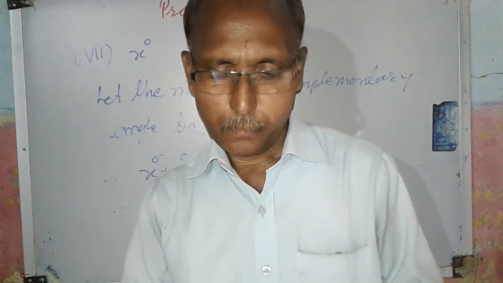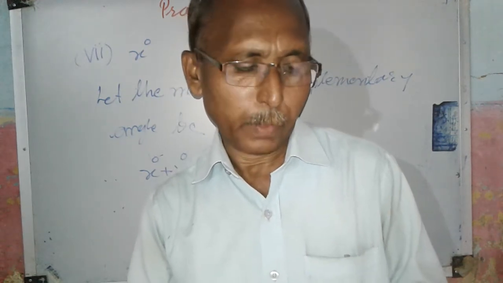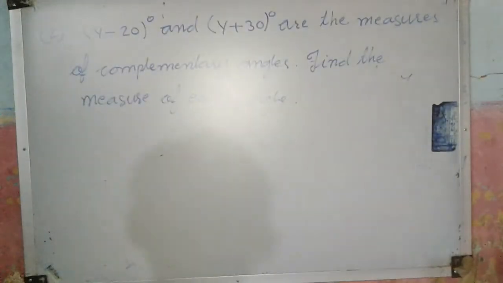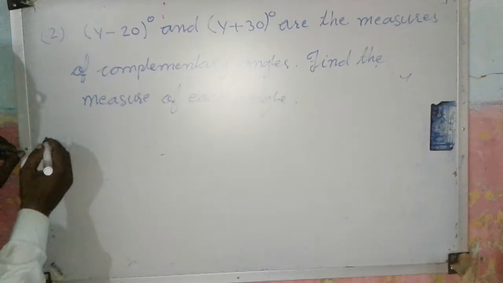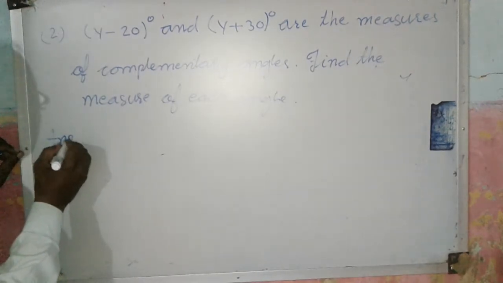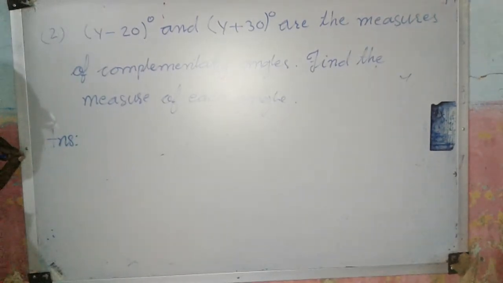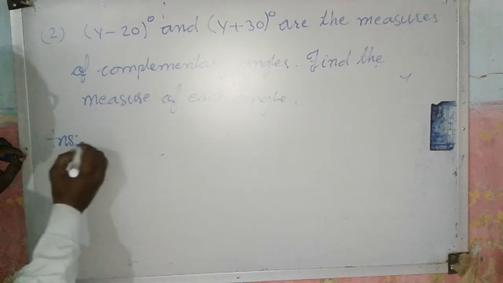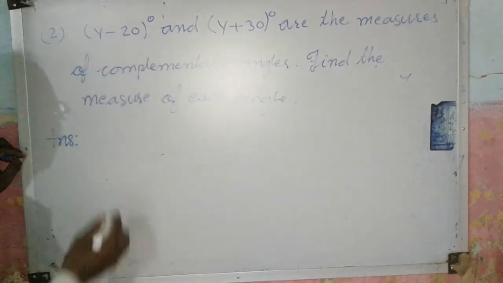And now we'll solve question number 2. Now see here, these two angles are complementary. That means the sum of these two angles is 90 degrees.